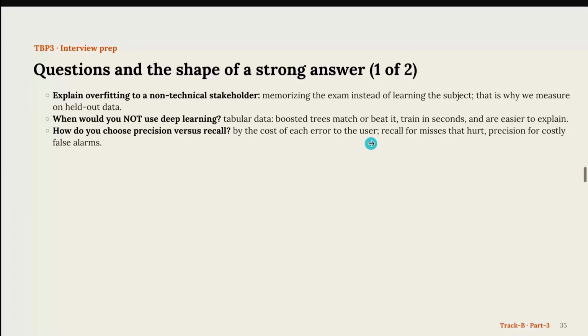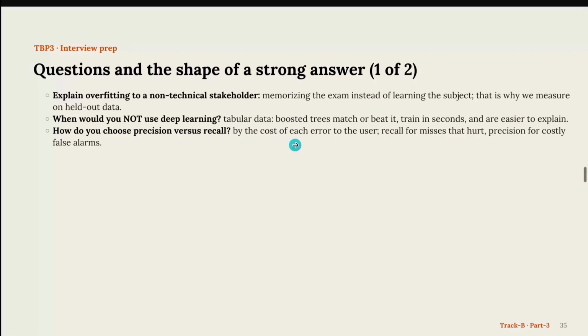Precision for costly false alarms also needs to be looked at. A non-spam mail cannot be tagged as a spam mail. Otherwise, a good email will land in the spam folder and the user will not get access to it. So a clear balance between these two is required, but it depends on the use case and what will result in us choosing precision over recall.